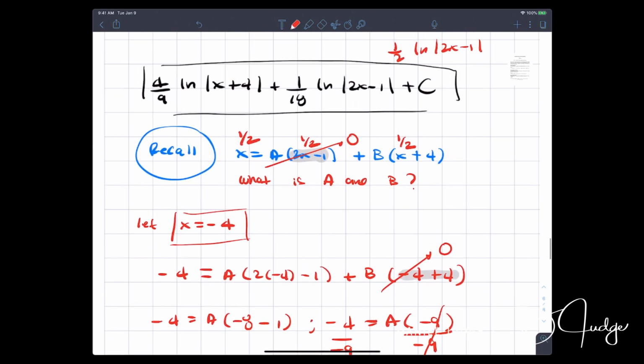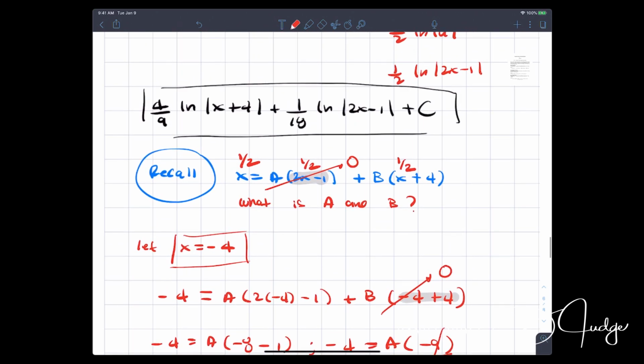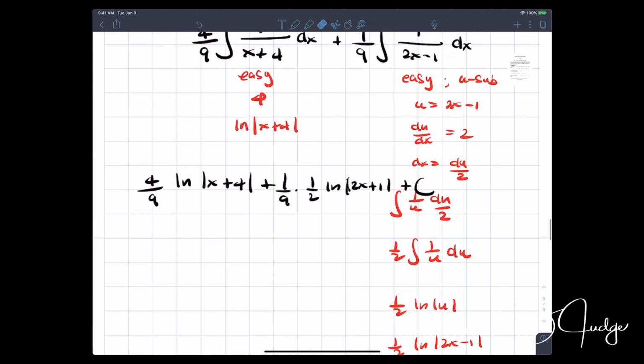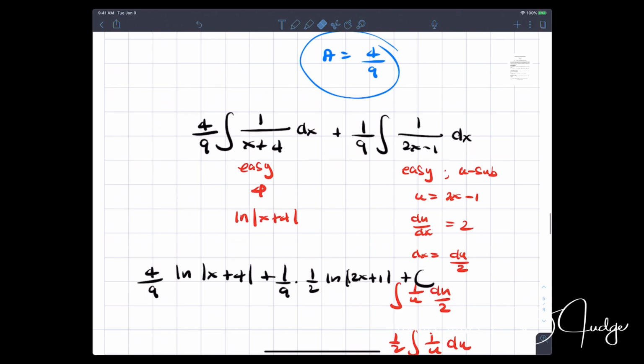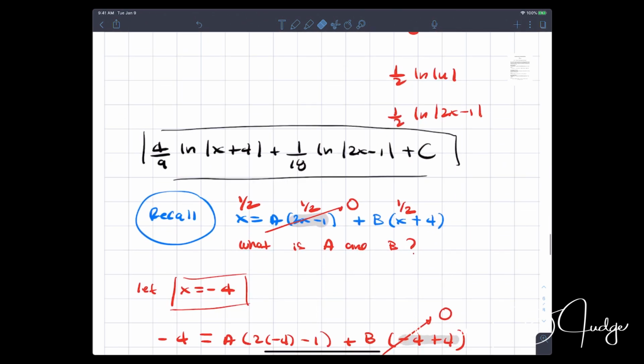So let's go back, and we have a couple of questions here. The first thing that we know is we could create a system of linear equations based on beginning algebra.